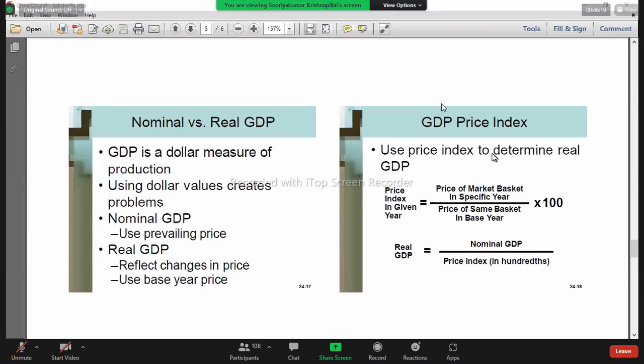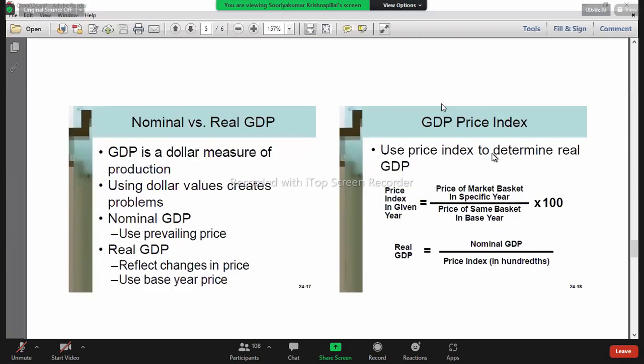So if we know the nominal GDP of a particular year, and also we know the price index of that year, then if we divide, we will get real GDP. So then we can calculate real GDP for all the years.